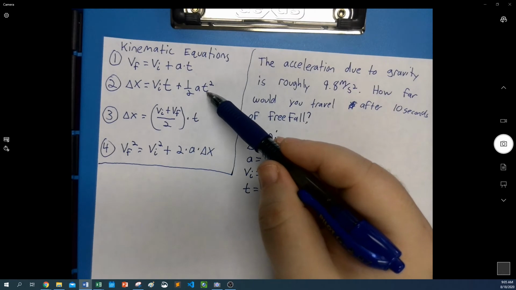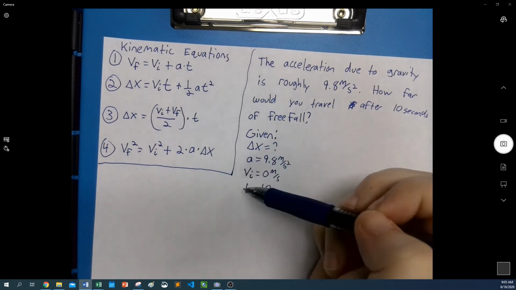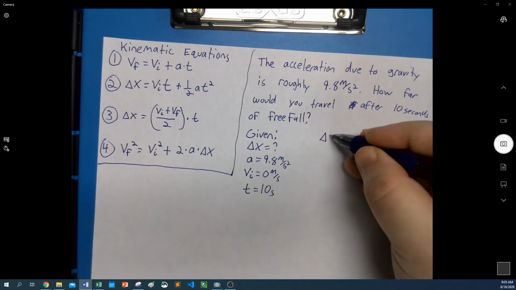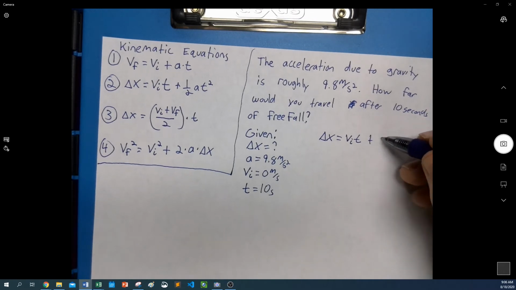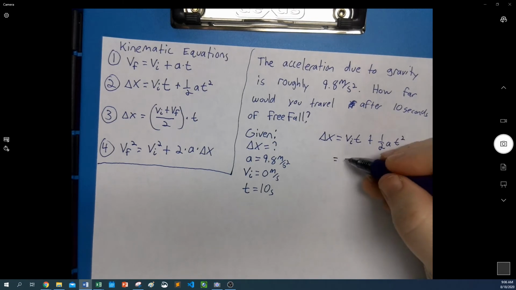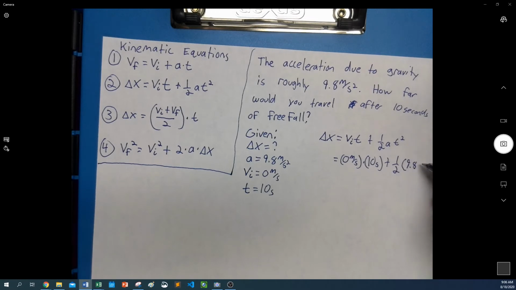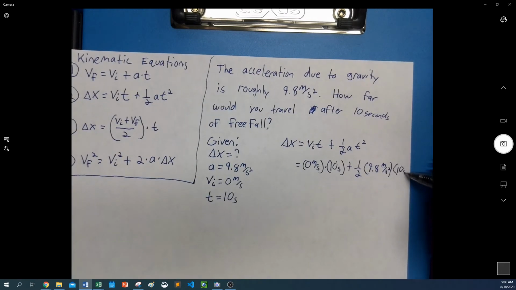If you look at this equation here, we have a t, an a, and a vi. So we will use the second equation. Delta x is equal to vi times t plus 1/2 at squared. So that would be 0 meters per second times 10 seconds plus 1/2 times 9.8 meters per second squared times 10 seconds squared.